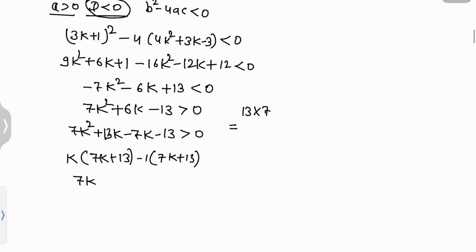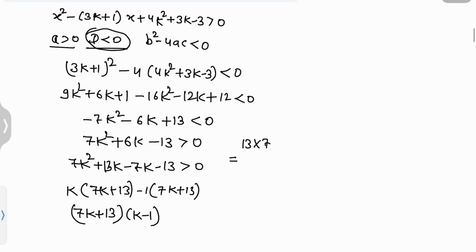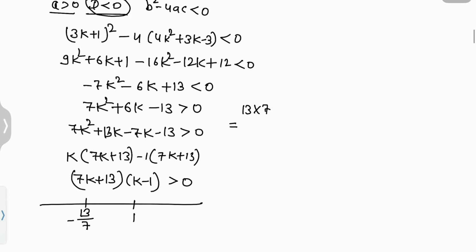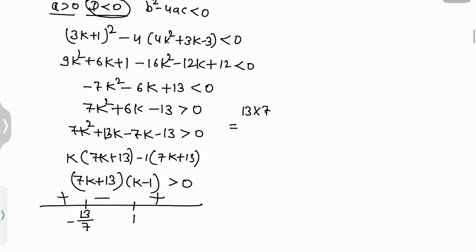Then 7k plus 13, and the other is k minus 1, right? There are only two factors and greater than 0, so your region has 1 and minus 13 by 7. The region is very easy, plus minus plus, only the positive region, so k belongs to minus infinity to minus 13 by 7, only the positive region, union 1 to infinity.